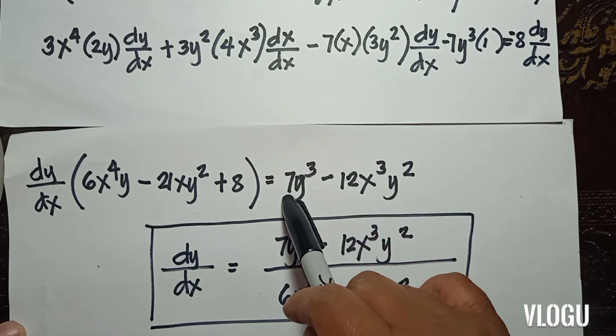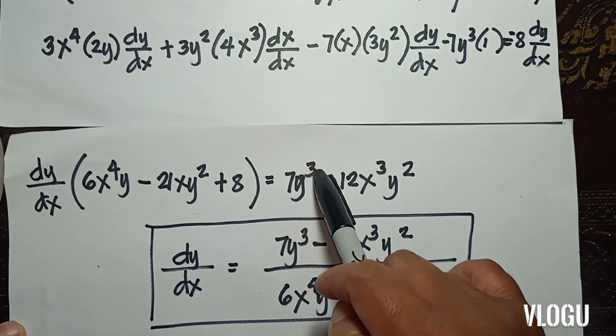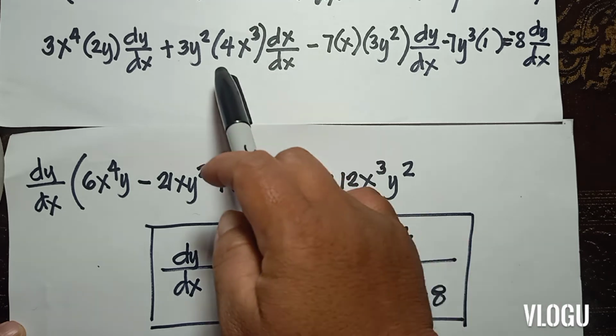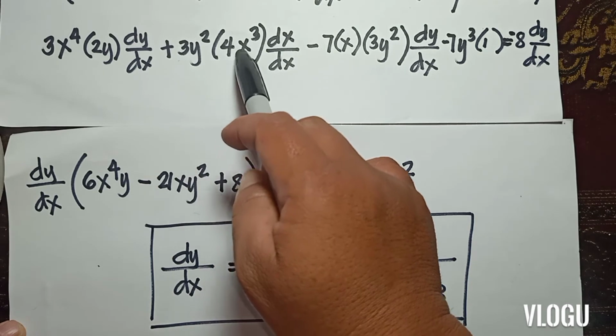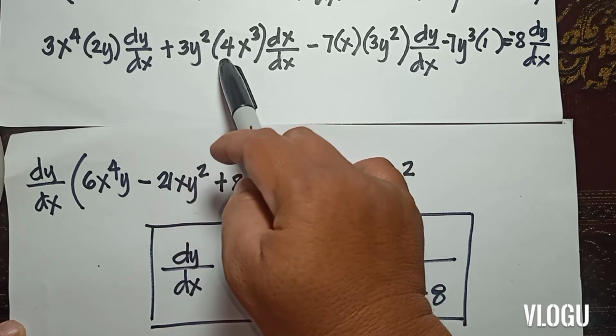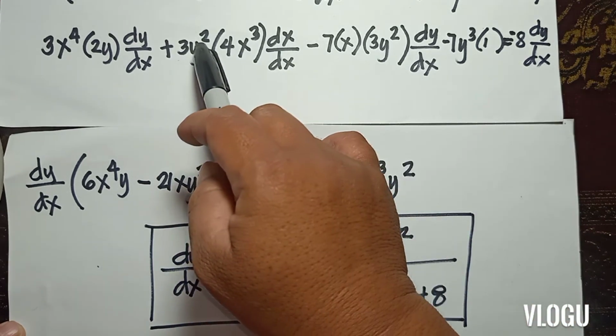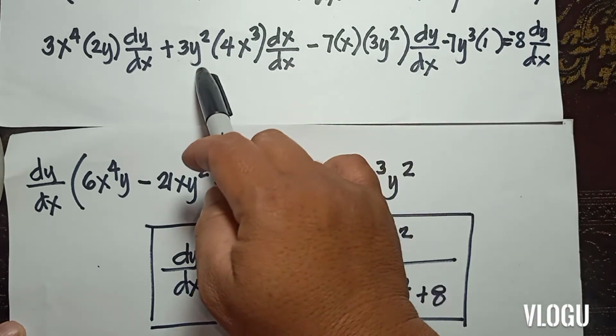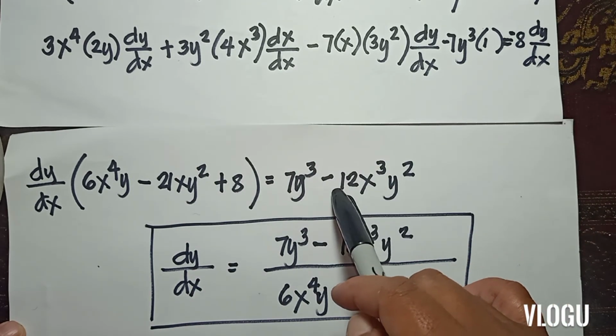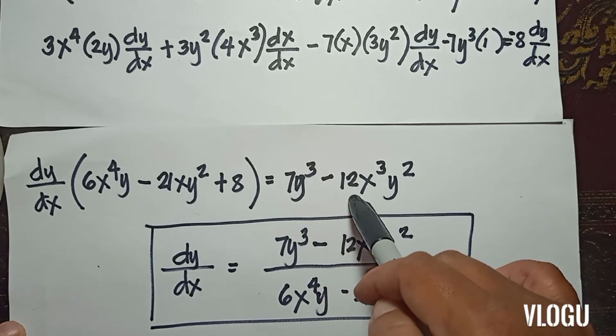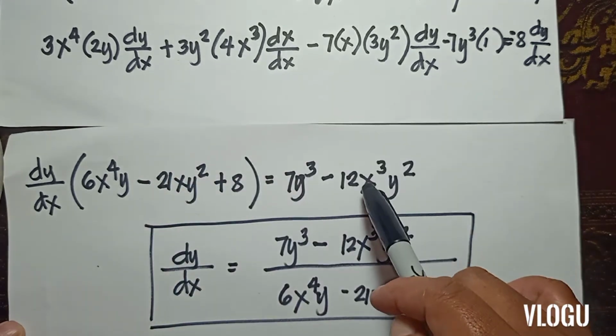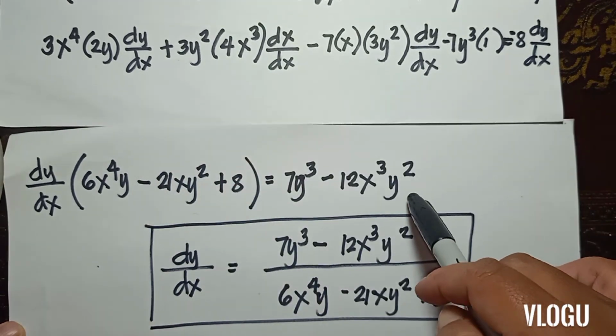That's the reason we have 7y cubed. And then we have 3y squared, 4x cubed. 3 times 4, that is 12. So transposed to the other side, that becomes negative 12x cubed y squared.